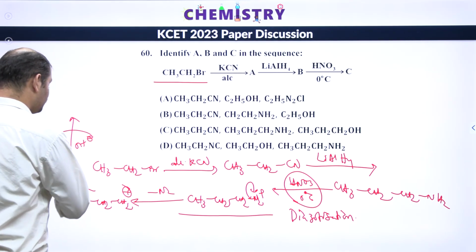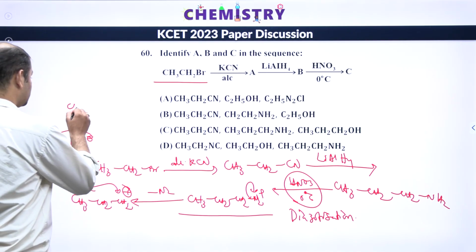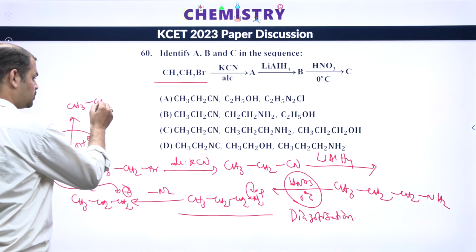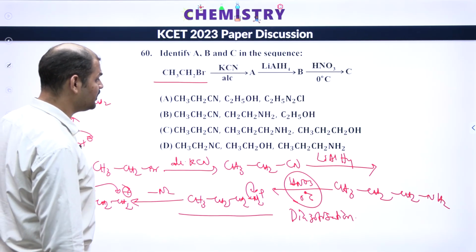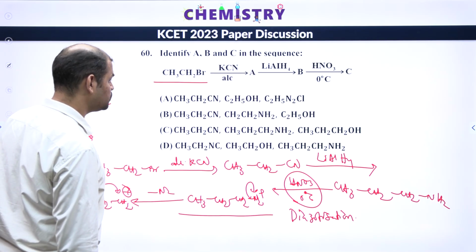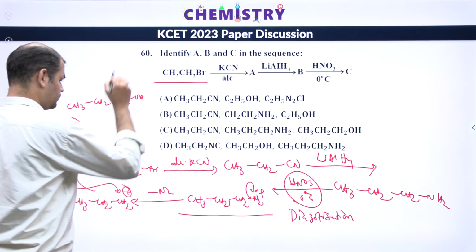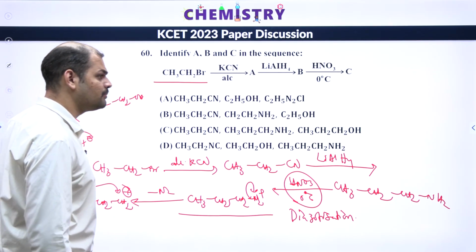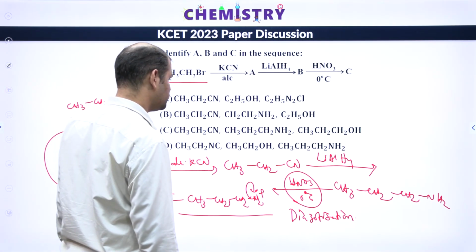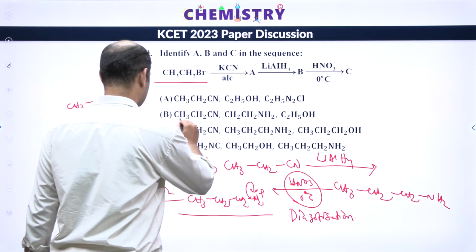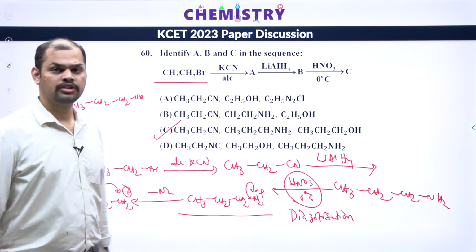That OH minus ion will attack this carbocation and you will get CH3CH2CH2OH over here. So the option we have will be C. Right, clear? That's all. Thank you very much.